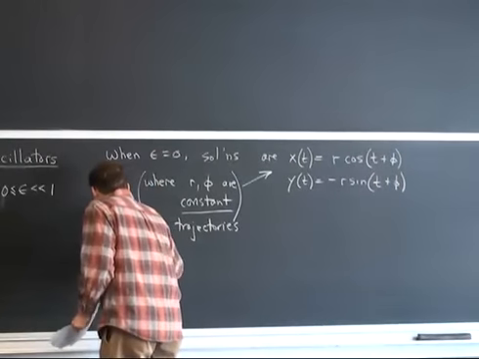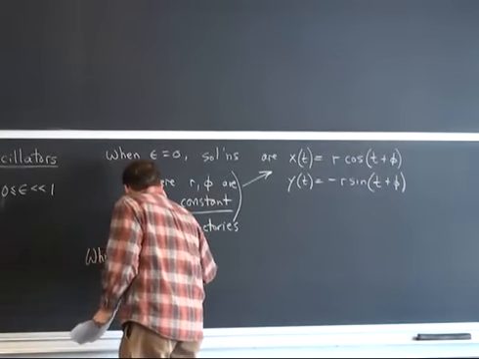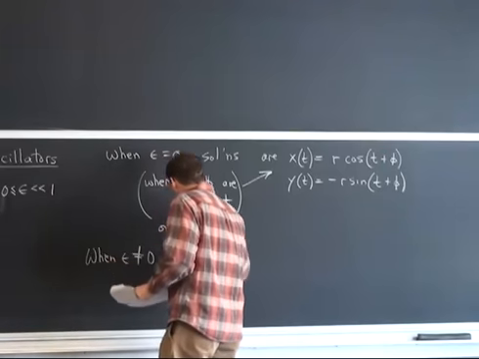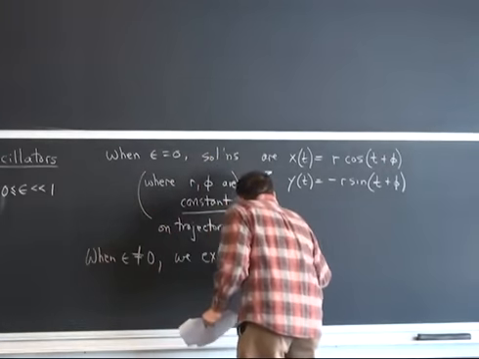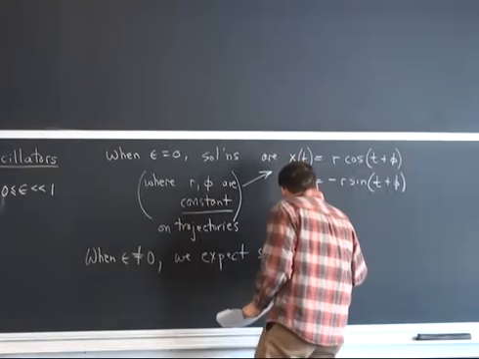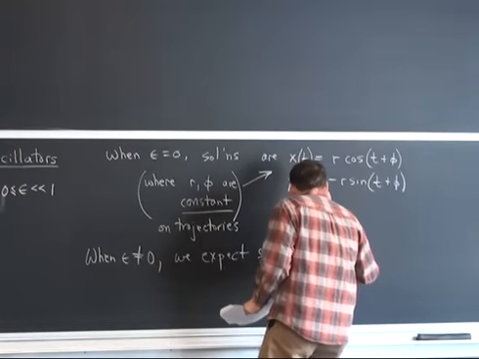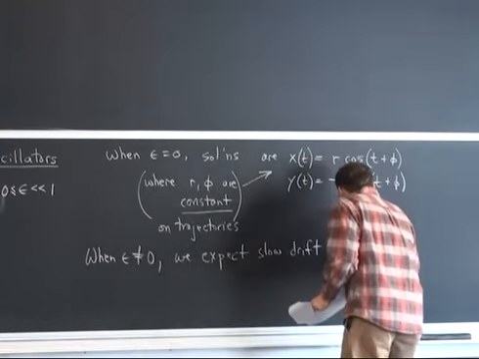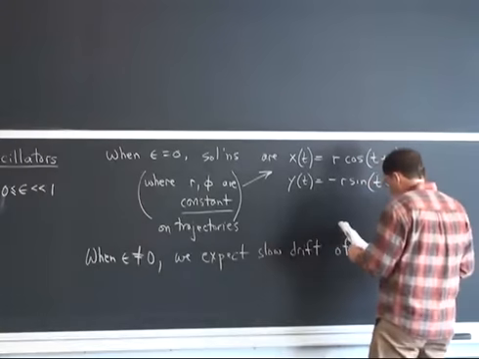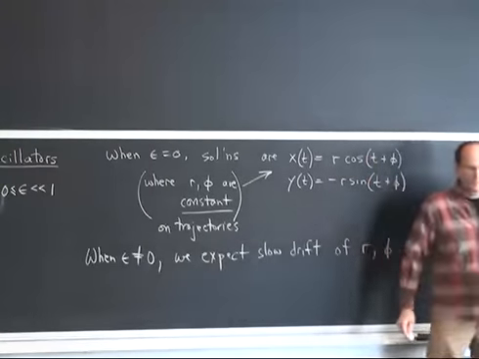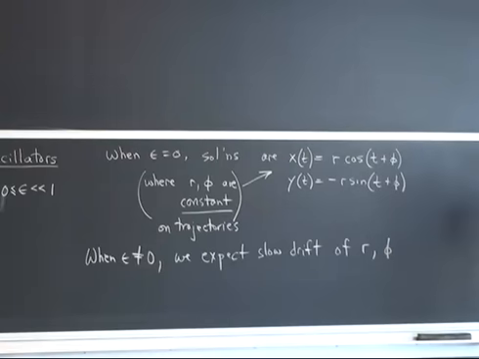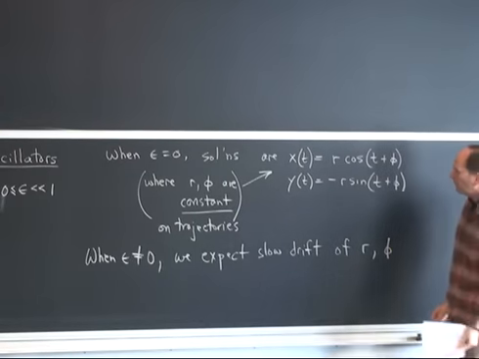And so when epsilon is not 0, we expect very slow evolution or a slow drift of these quantities R and phi that were previously constant. That's going to be the effect of the small nonlinear term, the epsilon term.